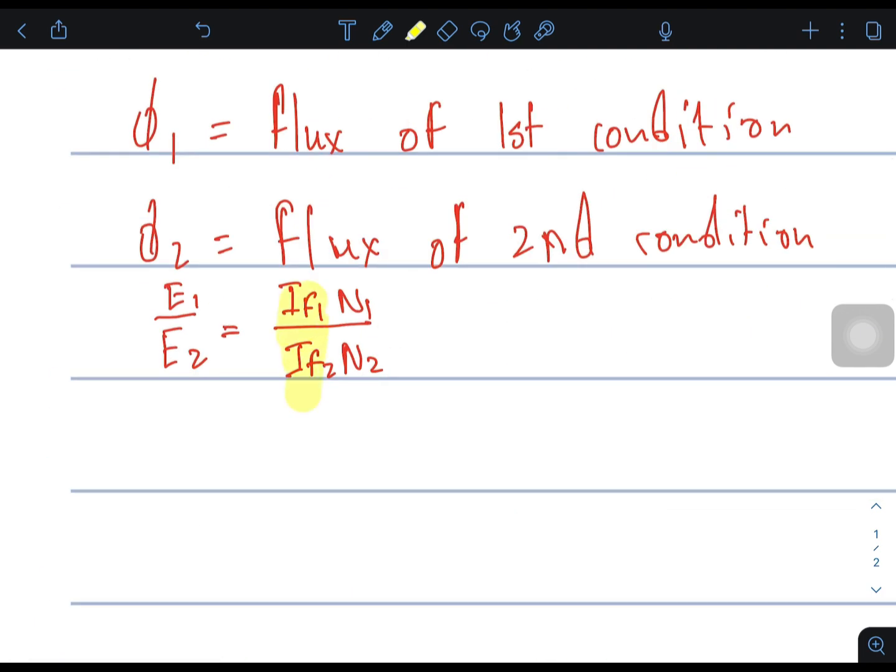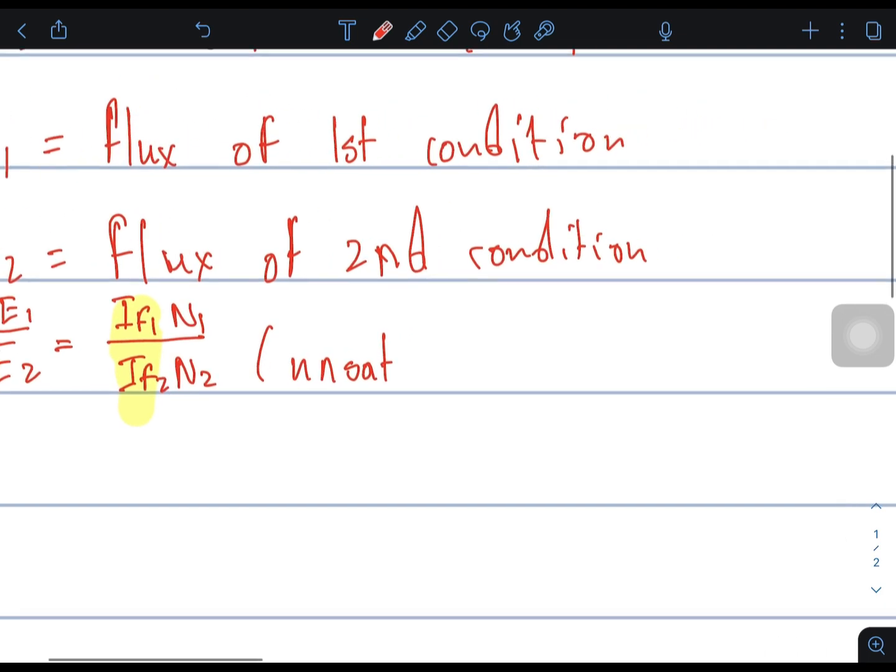If a series motor, a series field current. If a shunt motor, a shunt field current. But there is a condition. If the question says unsaturated, then in place of a flux, we can put a field current.